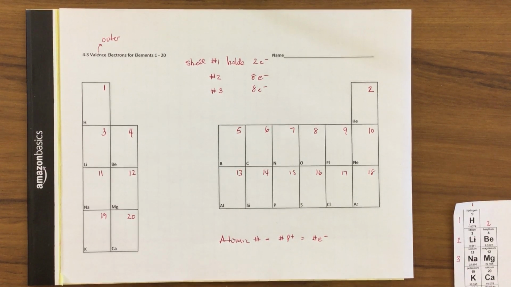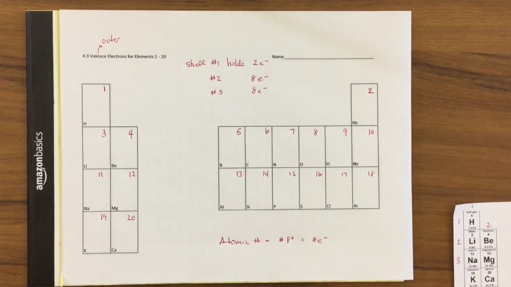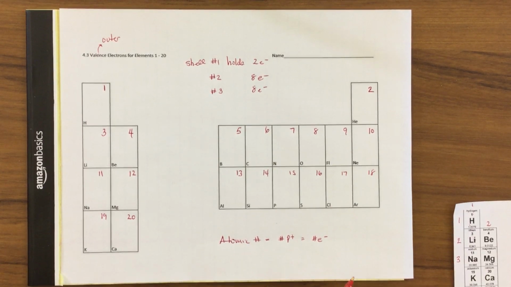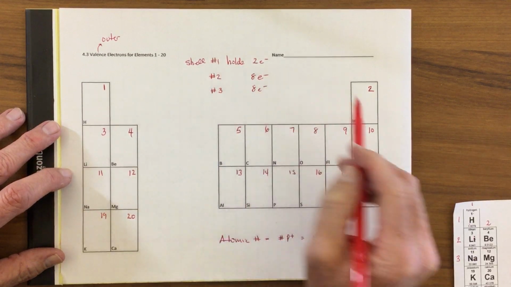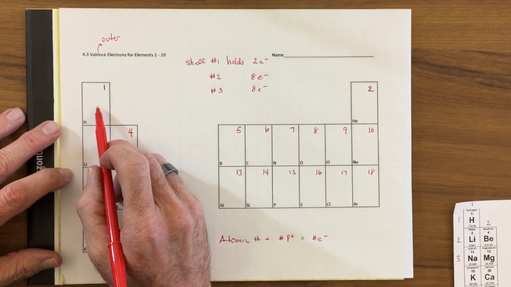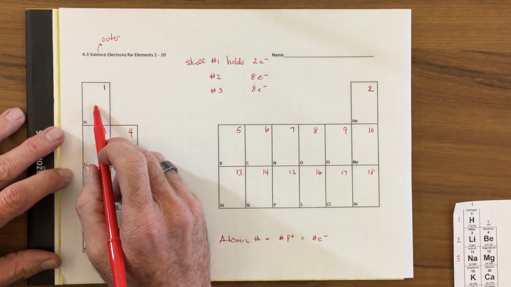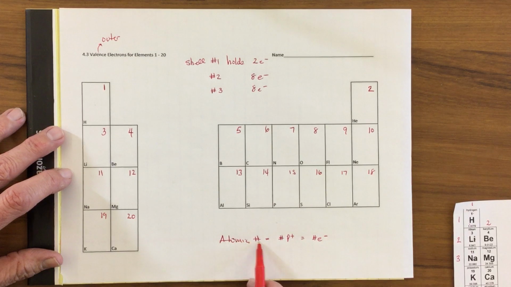Now what we're going to do is indicate how many shells it has and how many electrons are in each shell. If you remember, shell number 1 can hold 2. Hydrogen, with 1 electron, because it's element number 1, atomic number 1, that's the number of protons, but it's also the number of electrons.